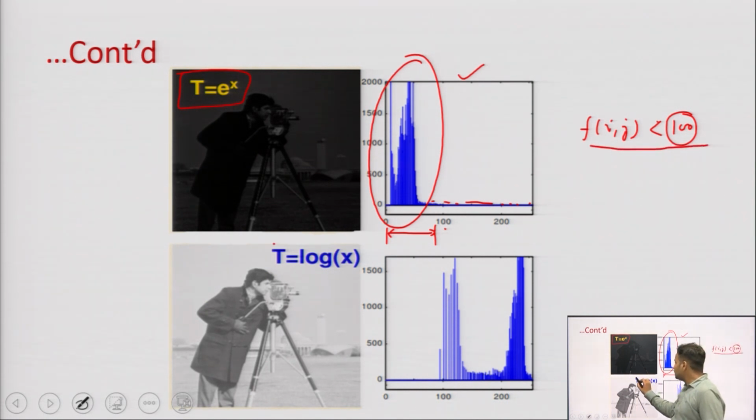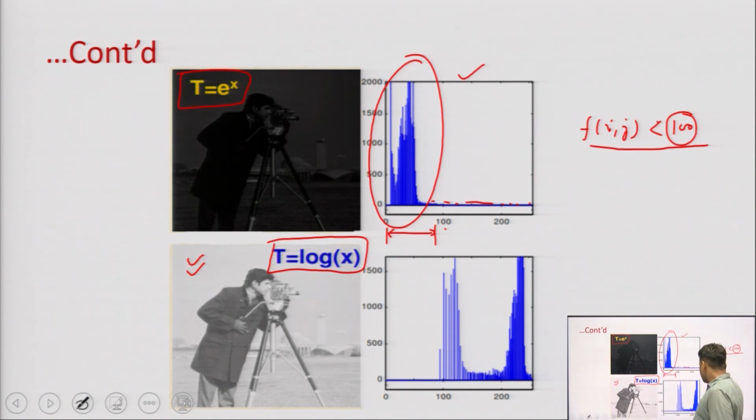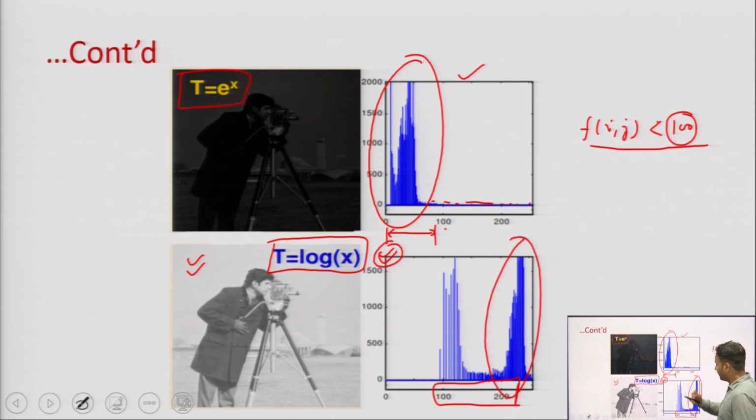Now, if we choose another nonlinear function, t equal to log of x, then you may observe that most of the image will become white. 0 is the black portion and 256 is the white portion. You may observe that up to 1600 pixels are holding values of more than 200.